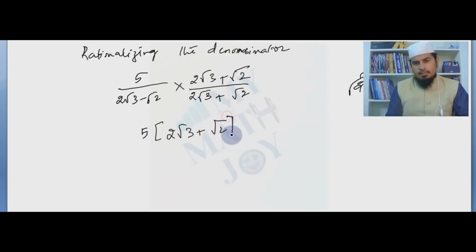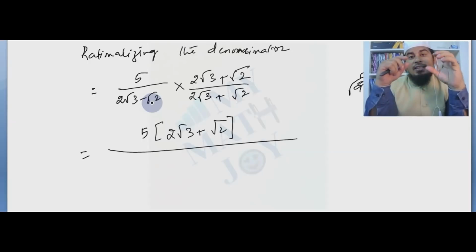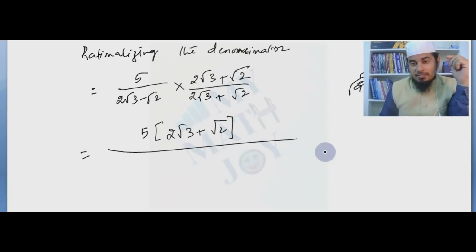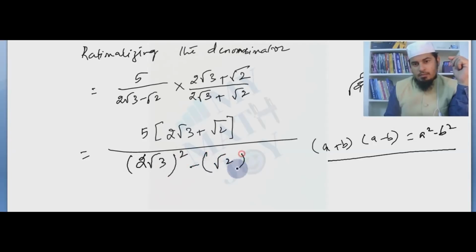I get it like this. We can still simplify in the next step. Whenever we take the conjugate and multiply and divide, the denominators come under the formula a plus b times a minus b, which is a square minus b square. So you can use this concept here: a minus b, a plus b will become a square minus b square.